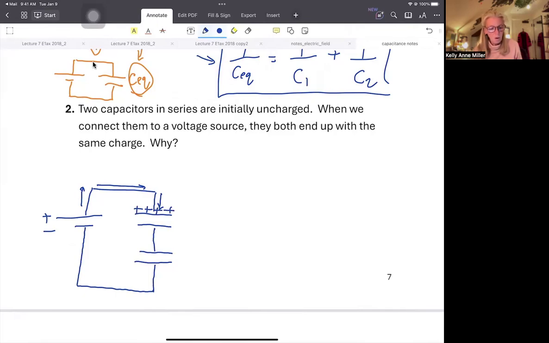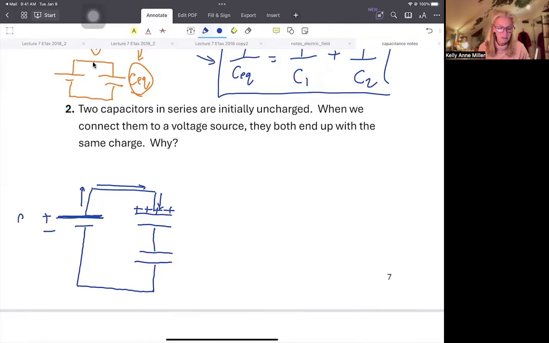When enough charge has accumulated there, so that it's at the same potential as this terminal of the battery, charge stops flowing, and we say that the capacitor is fully charged.